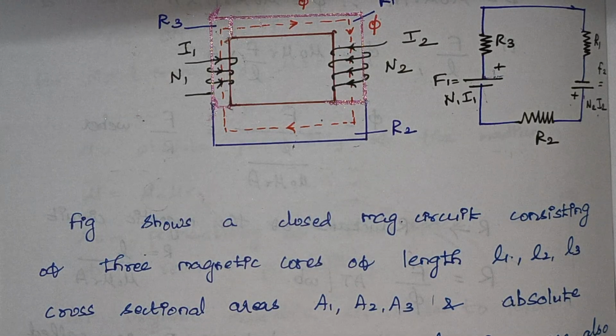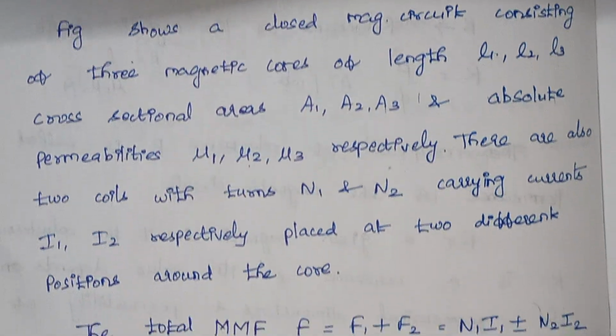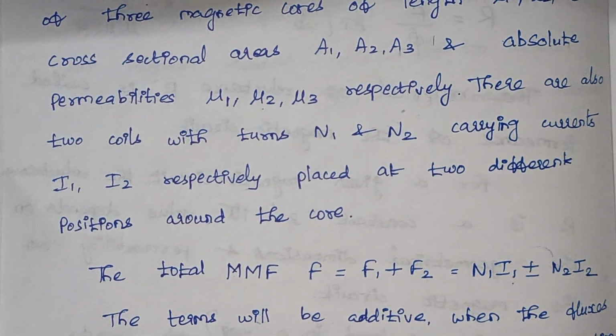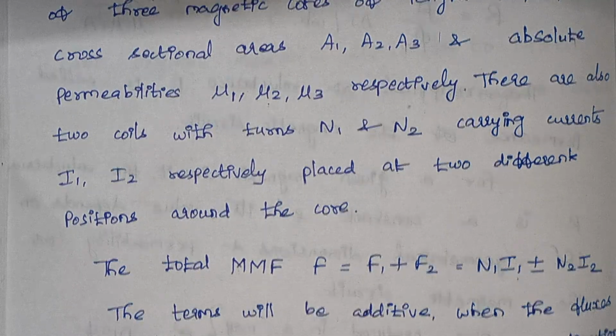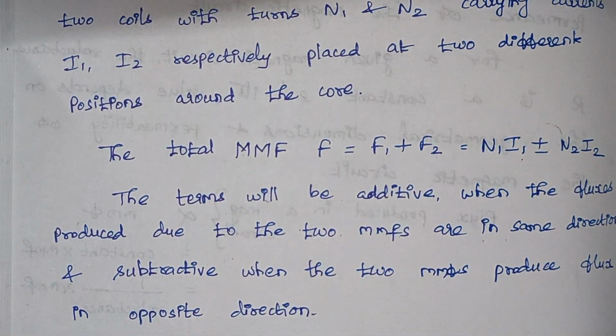Suppose the flux produced are in opposite directions, then we have to subtract, right? That's the reason why the total value of MMF is given by N1 I1 plus or minus N2 I2.